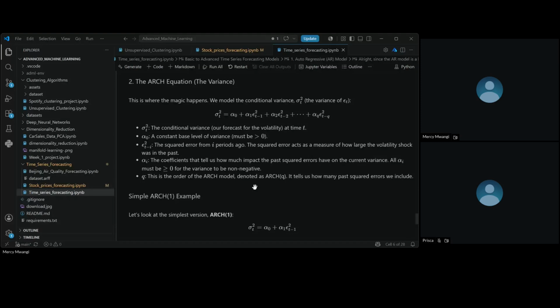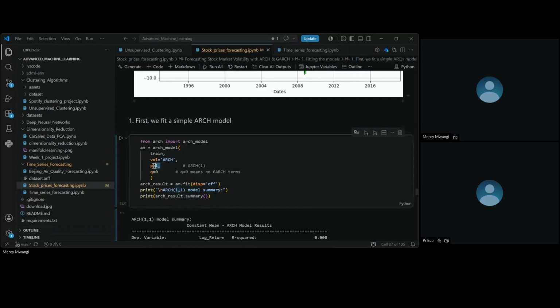The assumption is today's volatility is based on the volatility of the past. So we still have the same question as with every time series model, which is how far in the past do I need to go? And the parameter that gives you how far in the past you need to go is that parameter Q, and that's what we're feeding here. Or rather, it's the parameter P. Q is when you're fitting GARCH.